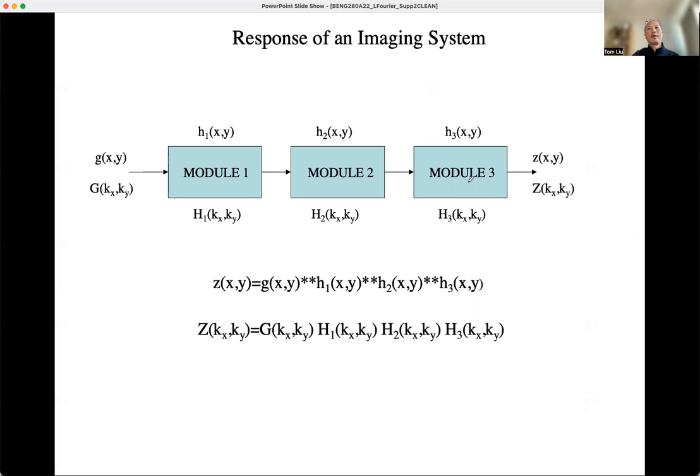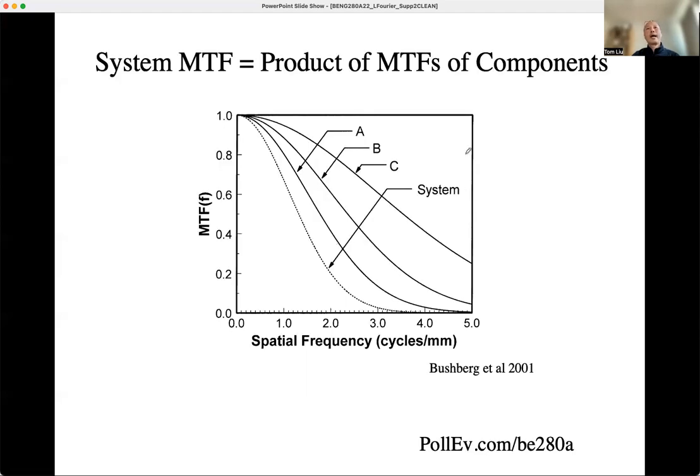So in one domain I'm convolving, which means in the other domain I'm just multiplying these spectra. If I have the spectra for A, B, and C, you can see I'll be dominated by A. The overall system has this function, because it's A times B times C in the Fourier domain. So I really shouldn't spend too much money on improving C, because I'm still dominated by A. If we want to improve the system, I'm best off spending money improving system A.